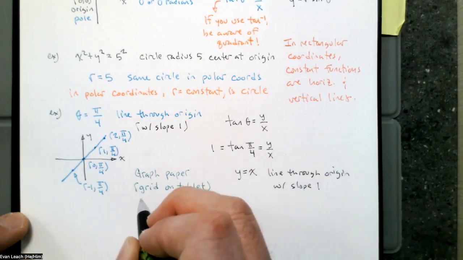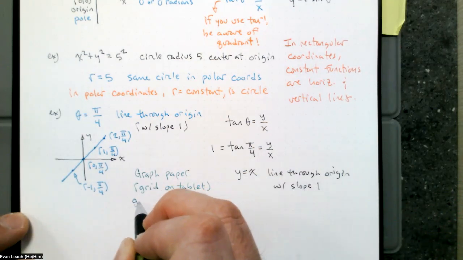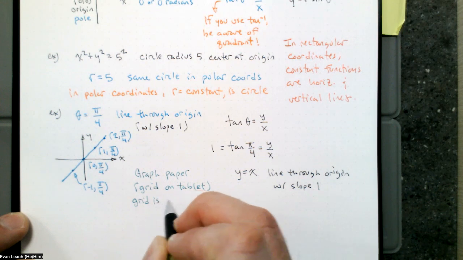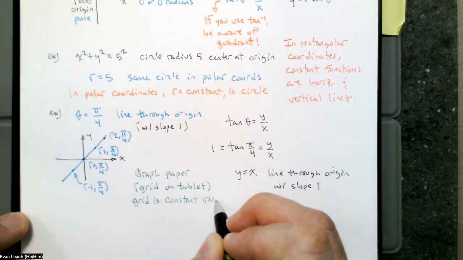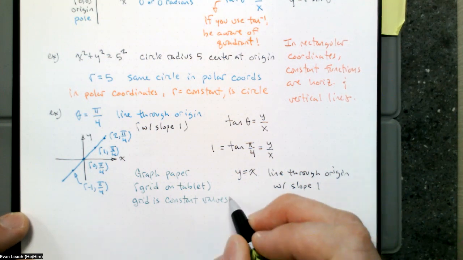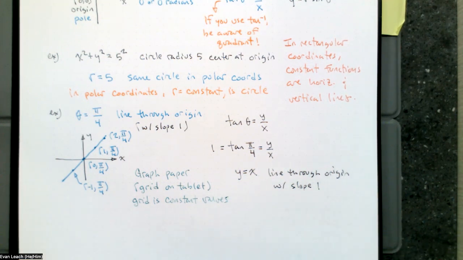The grid is all the constant values. That's why we have all those little squares on rectangular coordinate graph paper.